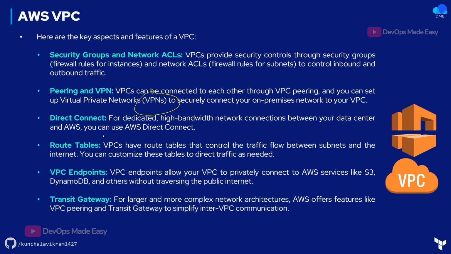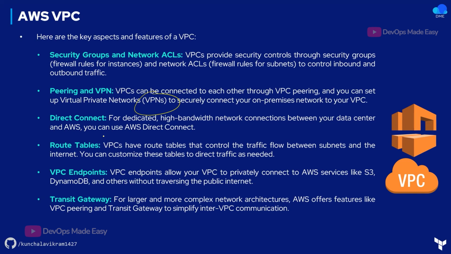A VPC endpoint is, let's say you need access to an S3 bucket. You have an instance in the private subnet, and it needs access to the S3 bucket. S3 bucket is publicly accessible, basically.